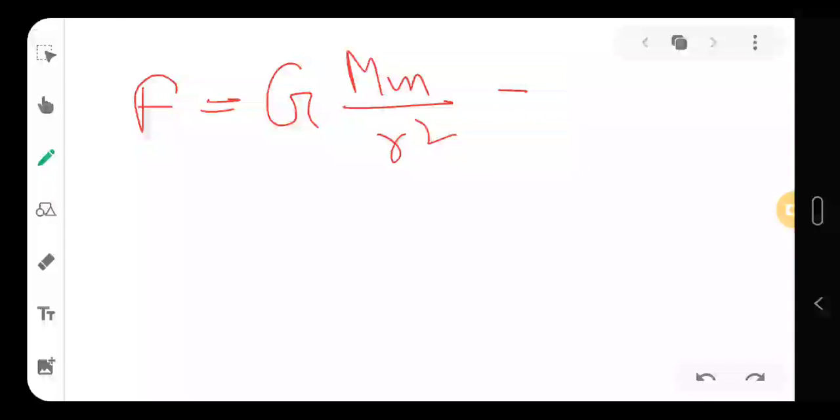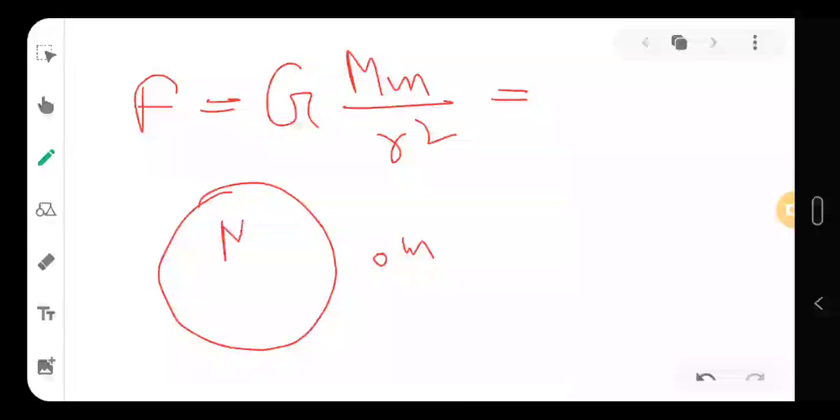Now, a very interesting thing we will see here. Let's say we have Earth here, and we have a small object also. This is m, Earth is big M, and the distance between the centers of mass is r. We know that force is mass into acceleration, and the force due to gravity attracts each other.